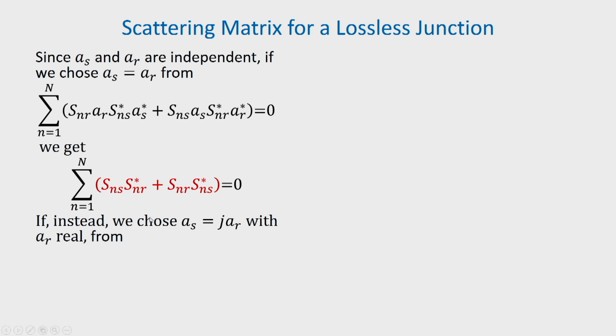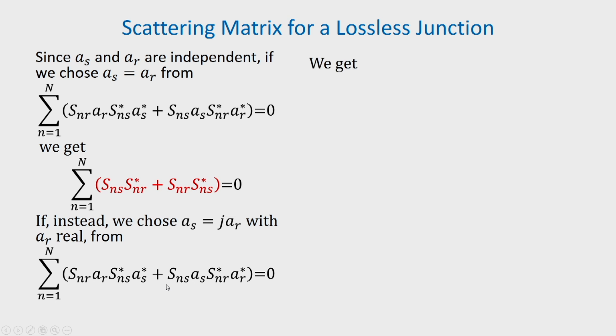And if instead we choose A s equal to j A r, with A r real, that means A s is purely imaginary and A r is real, then we get another equation: summation of S n s S n r conjugate minus S n r S n s conjugate equal to 0.